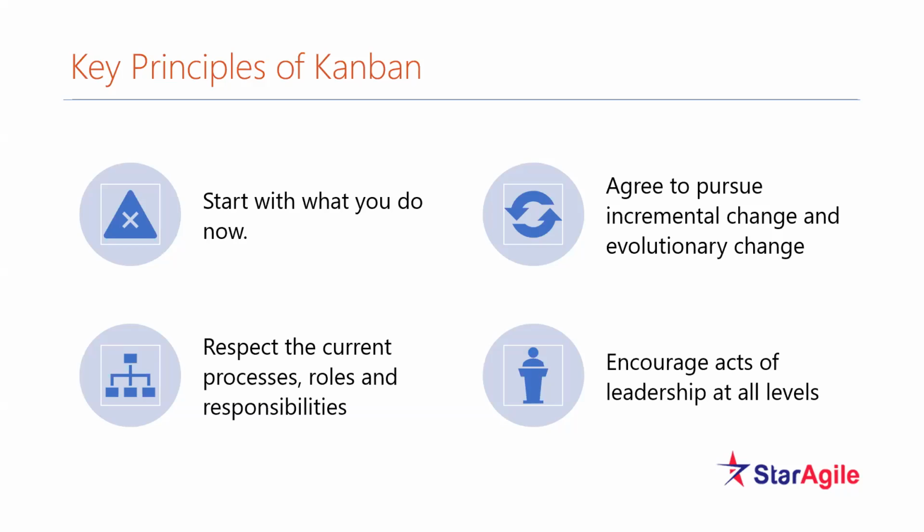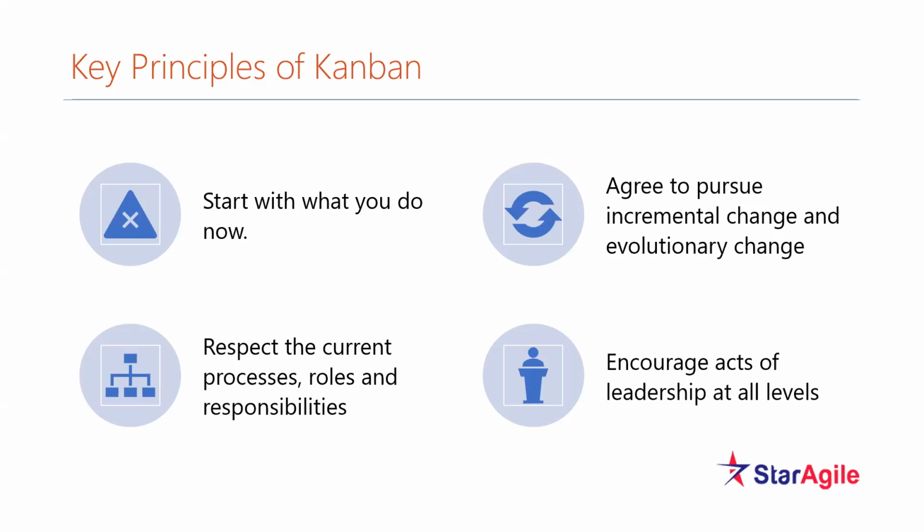Whereas with respect to the principles of Kanban, start with what you do now. It means we are not trying to change any of your process or methodology, whatever you are following in your organization. We are not going to change any of your roles. We will start with what you do now, and we will start with visualizing, modeling your Kanban system or Kanban board.